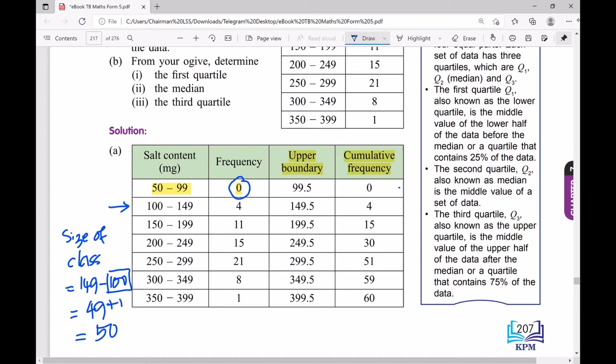So 99 minus 50, you'll get 49, but you have to start with 50. So 50 to 99, so that you get the class size of 50.